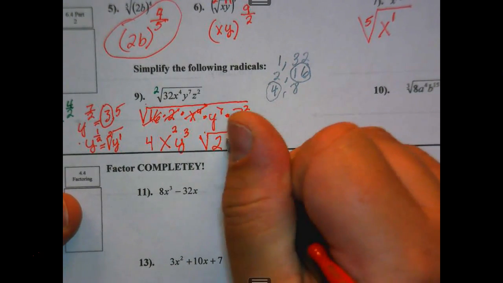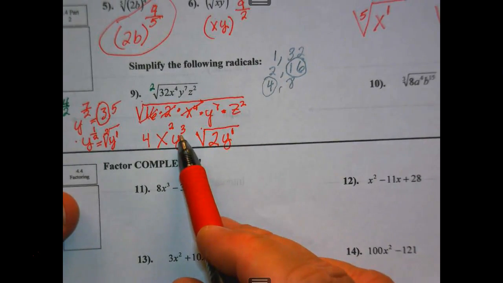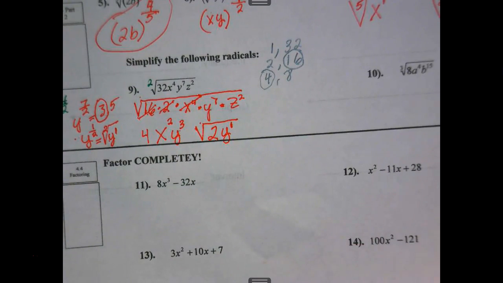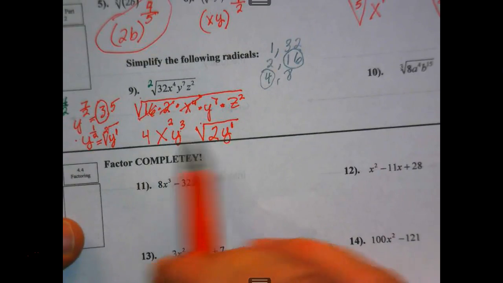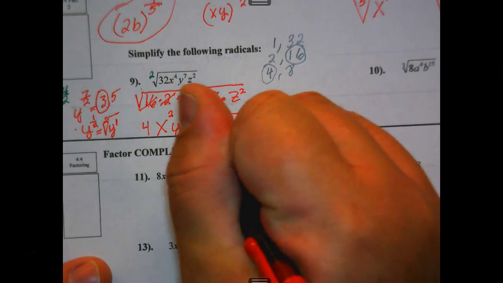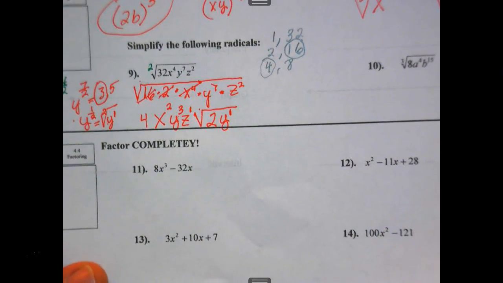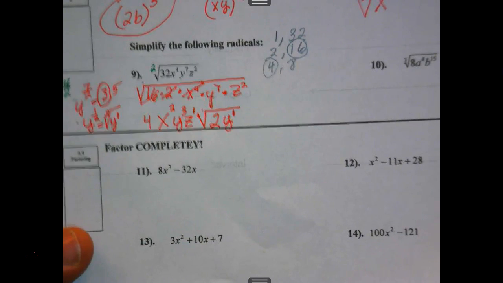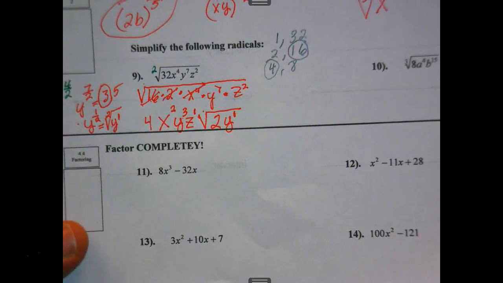With me? Or think of it as I took out 3 times 2 is 6. I have 1 left over. Either way, I don't care. But you need to put the leftovers underneath the radical. Okay, what's z to the 2 divided by 2? Z to the 1. I get a whole number 1, nothing left over. With me? A lot of mistakes in the last quiz on that.